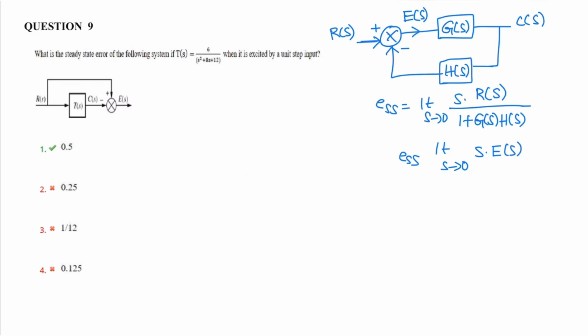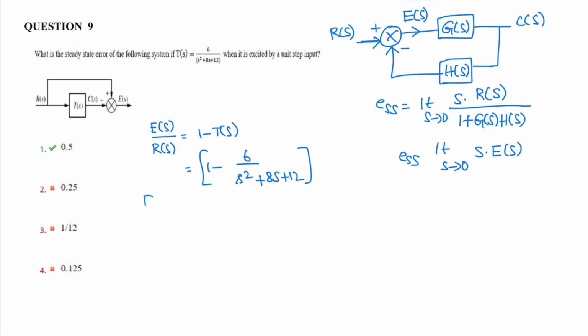Next question. What is the steady state error for the following system if T of s is 6 by s square plus 8s plus 12 when excited by a step input signal? As per this block diagram, E of s by R of s is 1 minus T of s, where T of s is 6 by s square plus 8s plus 12.